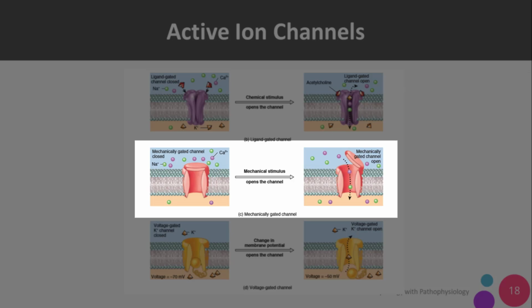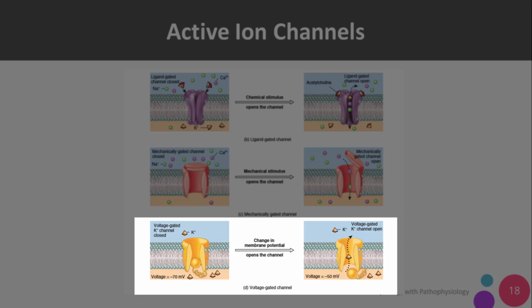The voltage-gated ion channel is controlled by membrane potential changes. The picture on your right, as you can see, is at rest because the voltage is at negative 70 millivolts. If there is stimulation, the membrane potential changes.